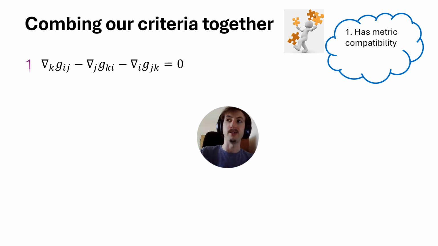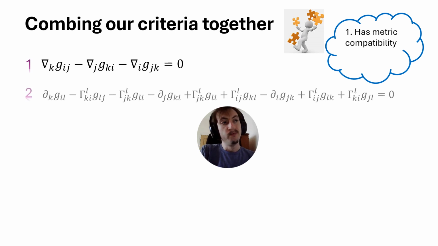If you take away nothing from nothing, you end up with nothing. But as we saw on the last slide, there's a way to write number 1 using our connection coefficients, and that's what I've done for number 2. So number 2 is just using what we saw in the last bit of the video, but using partial derivatives and connection coefficients instead of our covariant derivative symbols.